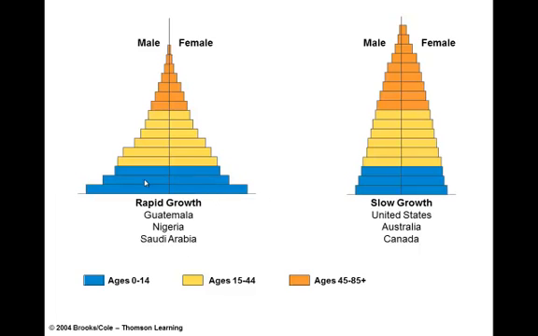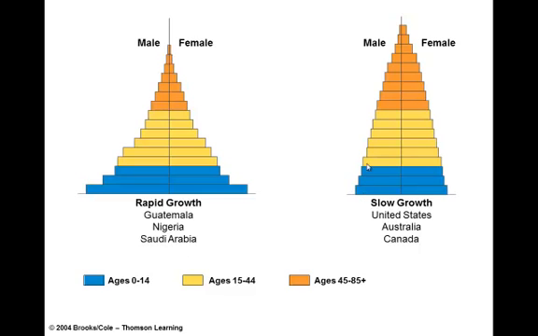And you can see that in a rapidly growing population the young make up a very wide base for the pyramid, and it's not as wide in a more slowly growing population. Can you envision then what a population that wasn't growing would look like?